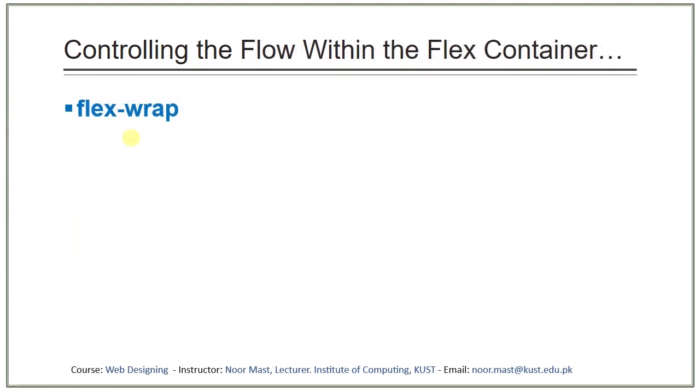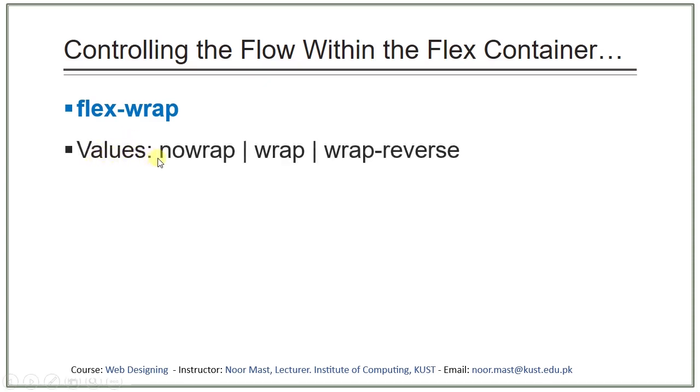The flex-wrap property. By default, flex items try to fit on one line. However, you can change their behavior to allow the items to wrap as needed using the flex-wrap property.